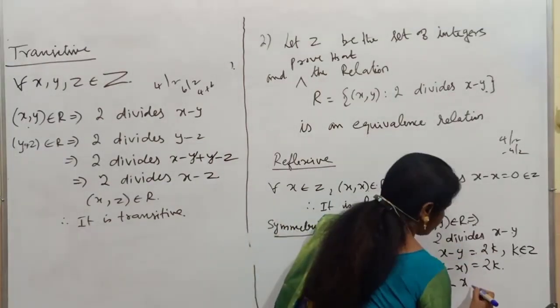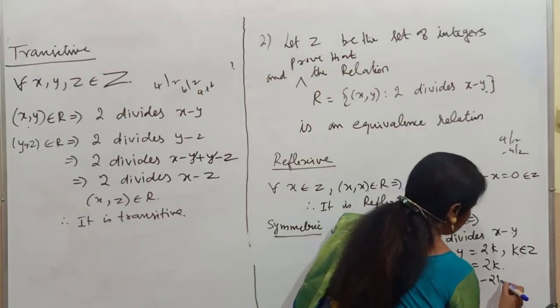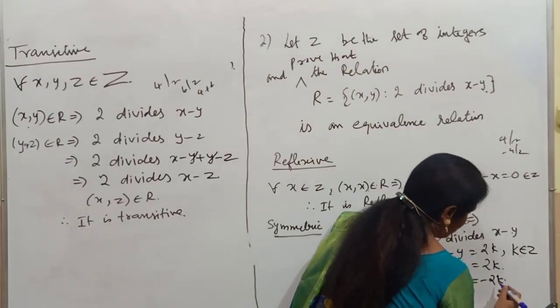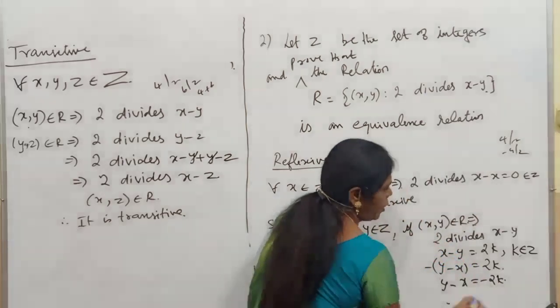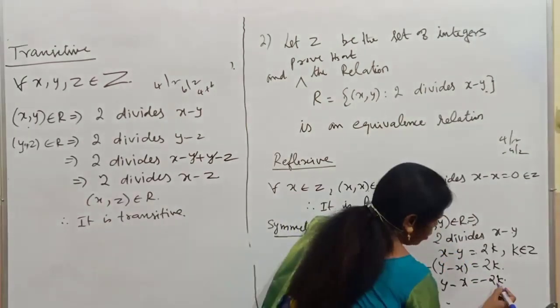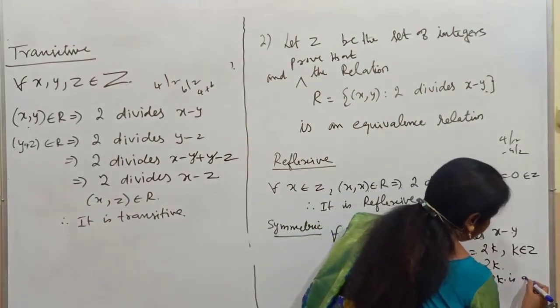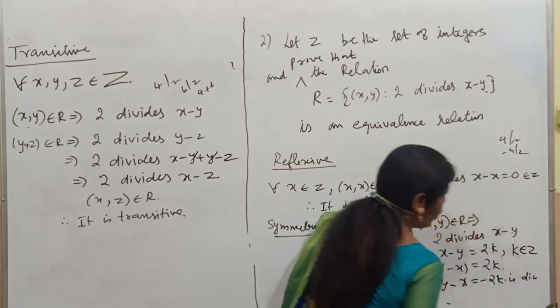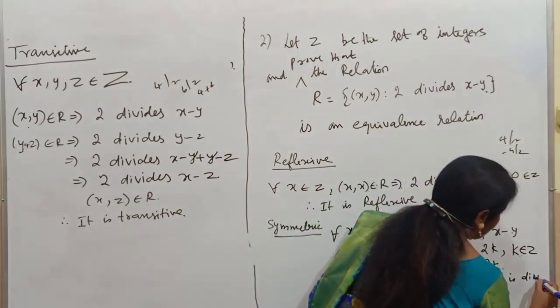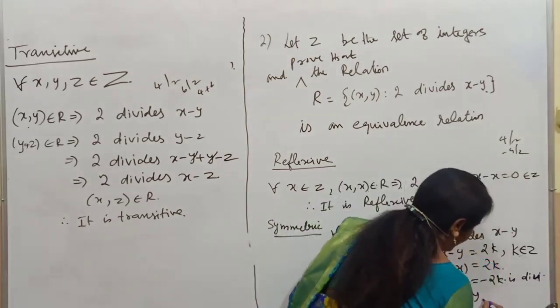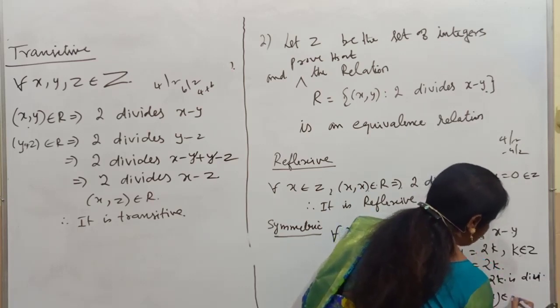So this is also divisible by 2. Therefore (y, x) belongs to R.